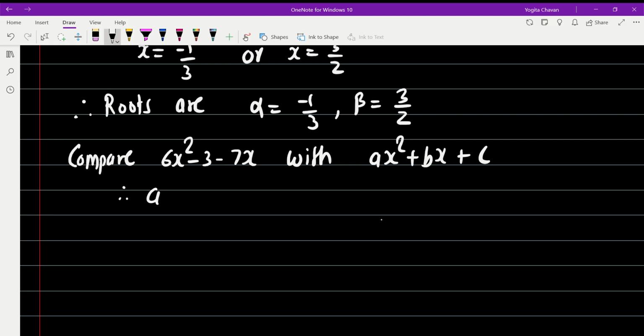Therefore value of a is equal to 6. b is nothing but coefficient of x, so coefficient of x in our polynomial is minus 7. And what is constant term? c is equal to minus 3.